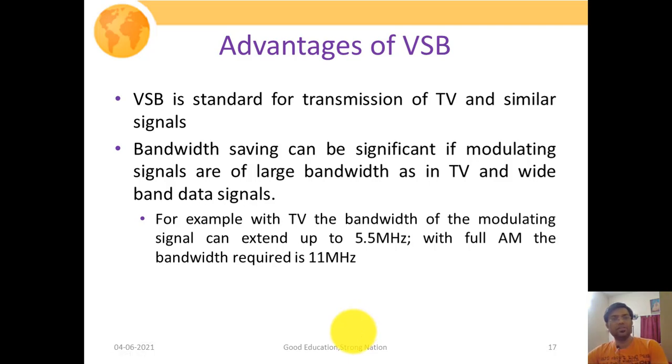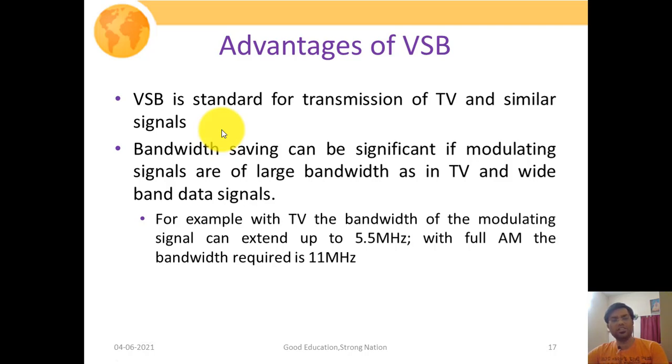Now we are going to discuss some of the advantages of vestigial sideband signals. Vestigial sideband is the standard for TV transmission and similar signals. For specific applications such as speech signals, we do not have much problem with SSB transmission, because speech signals do not carry a significant amount of information at the lower frequency band.